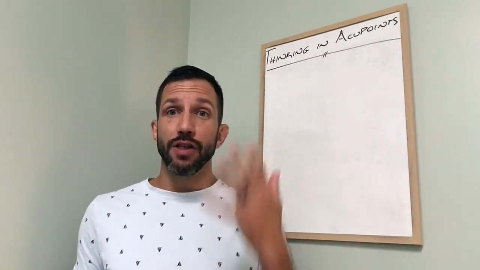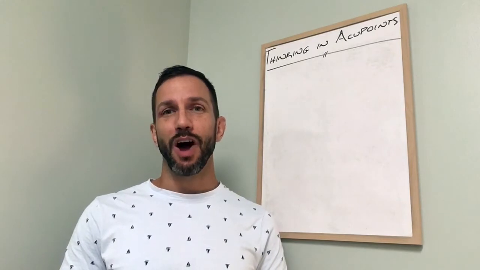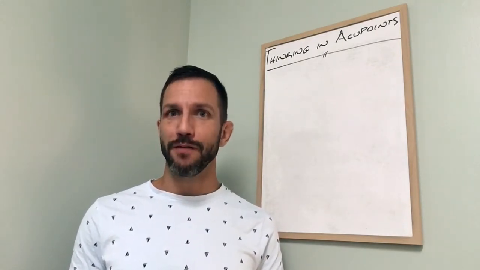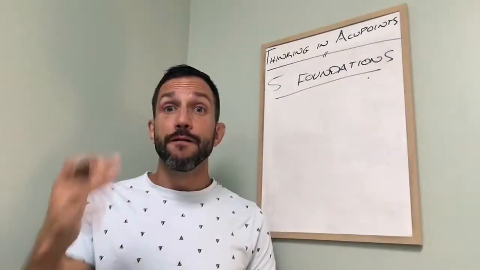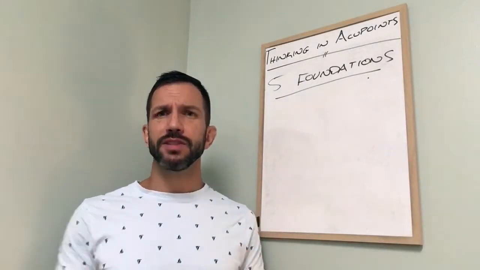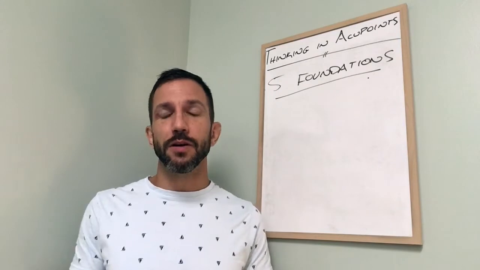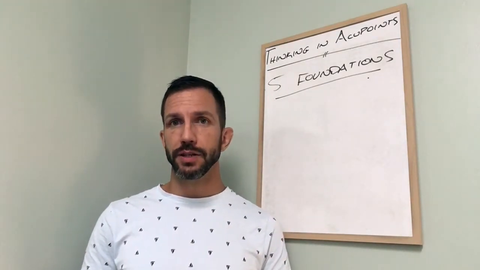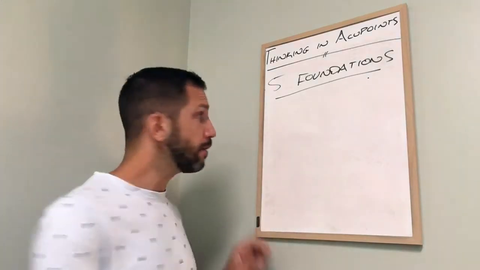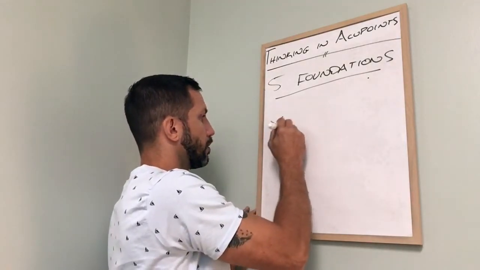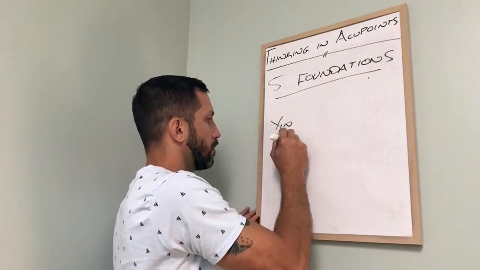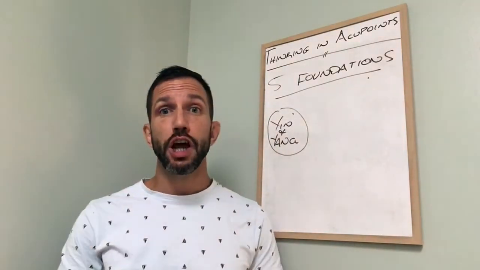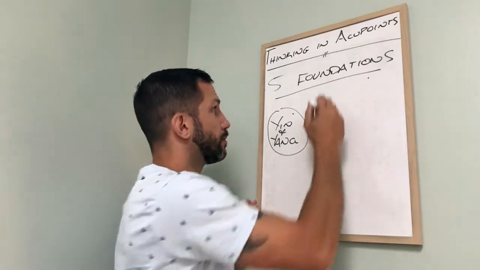Let's look at the 5 parts of my acupuncture course, starting with what I call the 5 foundations. Very similarly to the 5 elements, and we're actually going to throw the 5 elements in here, I think about the 5 foundations that make up Chinese medicine. The first one being yin and yang. Then we have qi, blood, and body fluids.